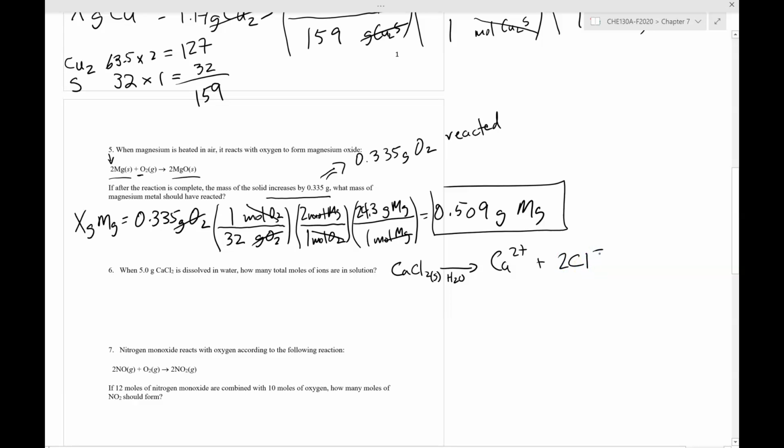So every 1 mole of calcium chloride is going to give me 3 ions, or 3 moles of ions, where that 3 is the invisible 1 here plus the 2 there. Those give me that 3.